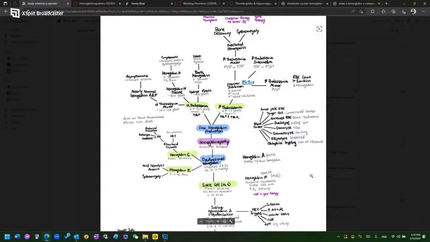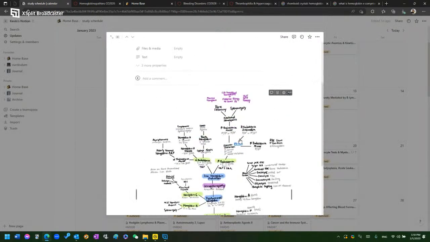Hemoglobinopathies meaning beta mutations, and then thalassemias meaning complete lack. So I can write it all out right here too. So A2 is alpha delta, right? A is alpha beta.